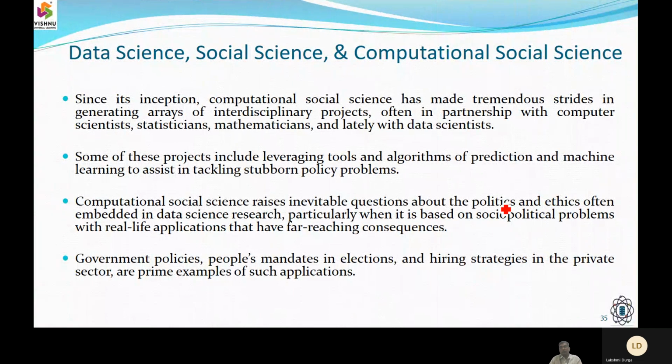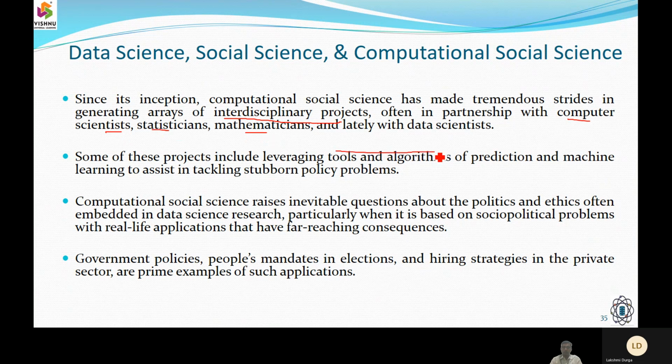The next thing we are going to look at is the relationship between data science, social science, and computational social science. Data science has a relation here: tremendous interdisciplinary projects have been taken up from the social sciences, where a lot of computer scientists, statisticians, and mathematicians work together on the projects.